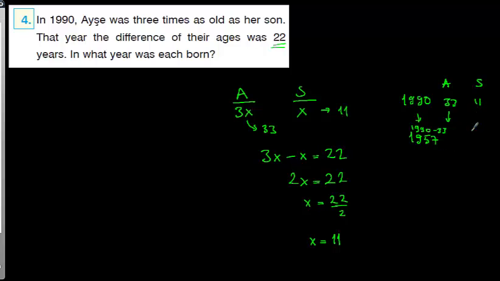What about her son, when was he born? 1990. He's 11. Did you understand why it is like that? 1990 minus 11 is equal to 1979.